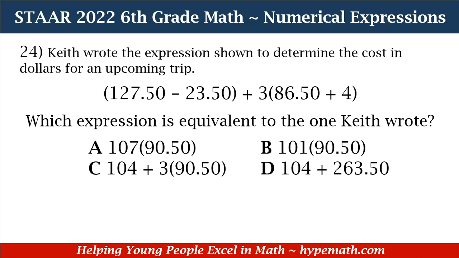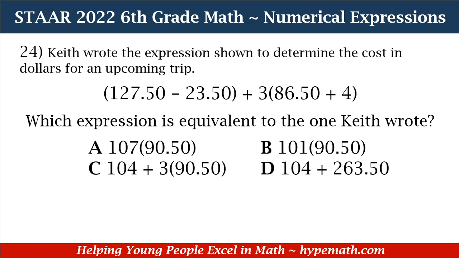Keith wrote this expression shown to determine the cost in dollars for an upcoming trip. Which expression is equivalent to the one Keith wrote? In parentheses, we have 127.50 minus 23.50 plus 3 times, and when you don't see an operation in between a number and the parenthesis sign, that means it's multiplication, okay?